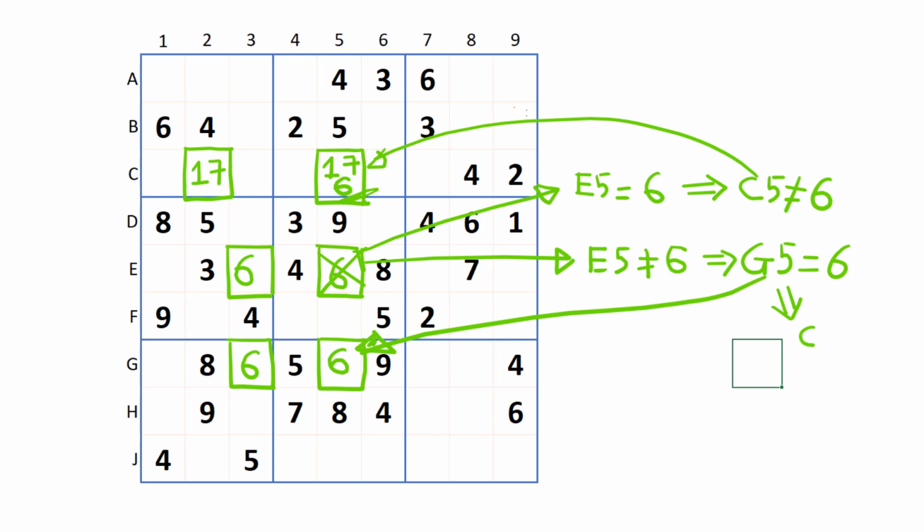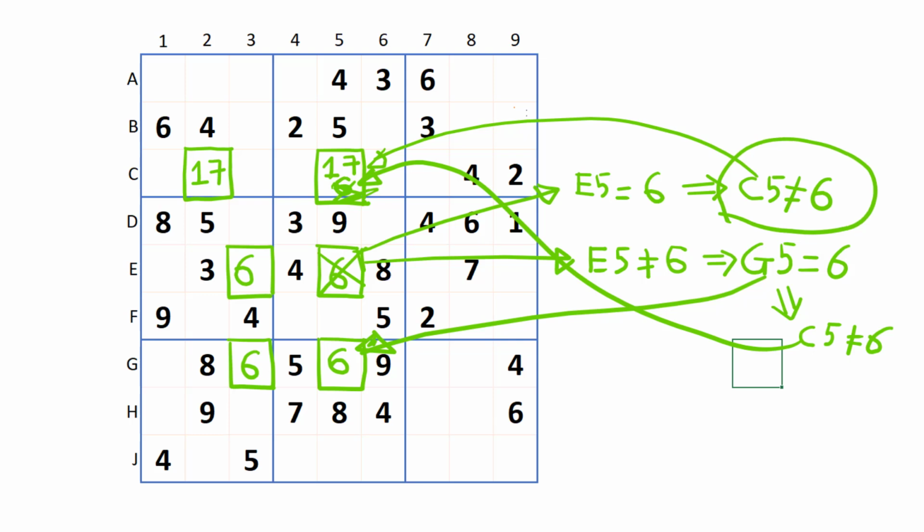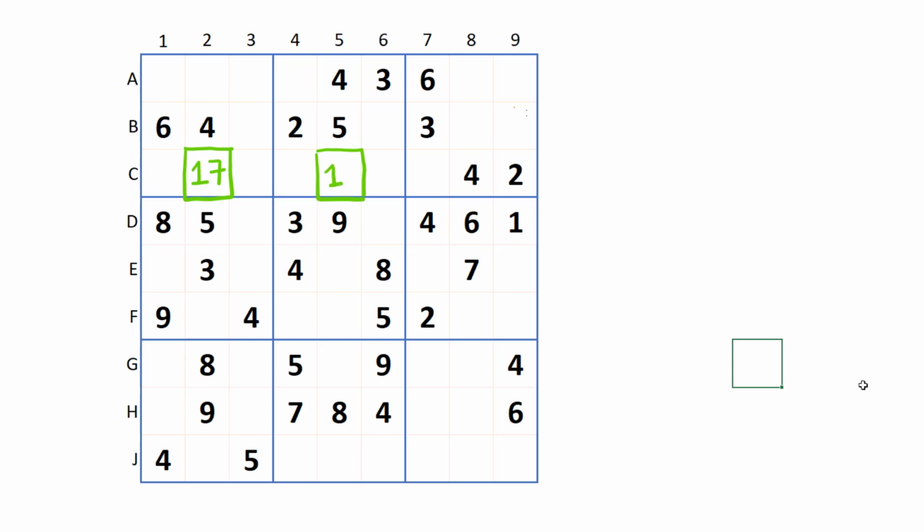When G5 is the number 6, then C5 is not the number 6 because they are in the same column. In both cases, C5 cannot be the number 6. Conclusion: C5 cannot be the number 6.